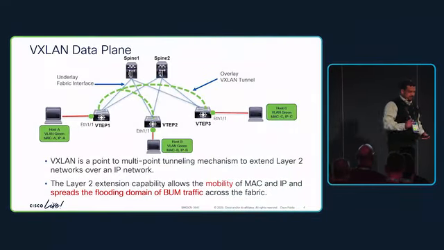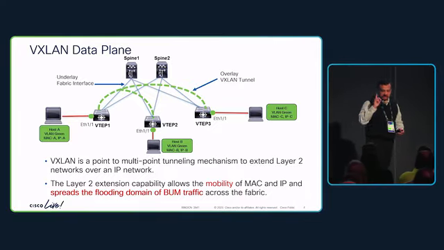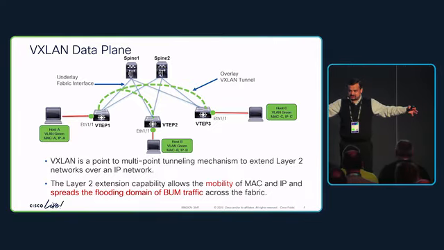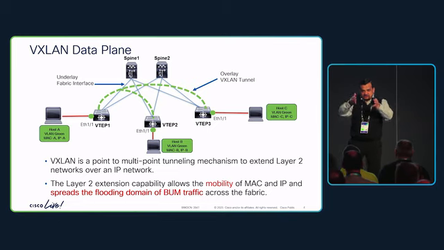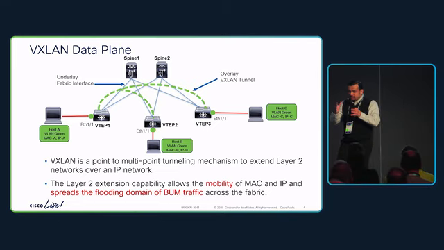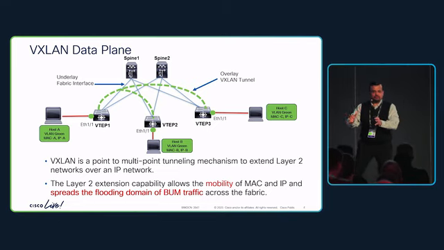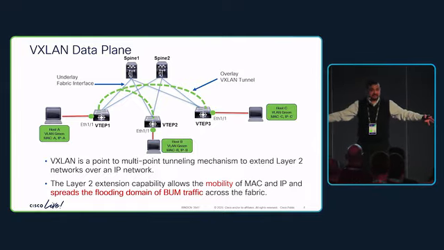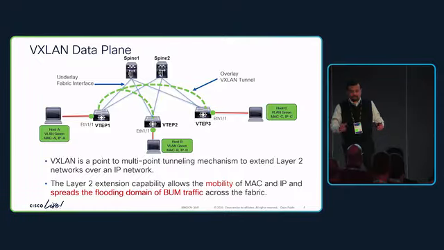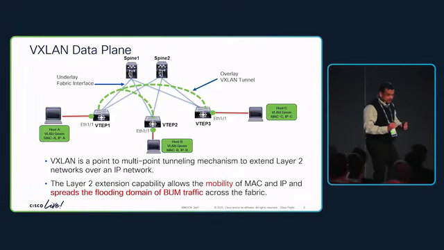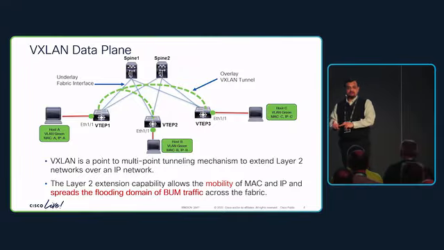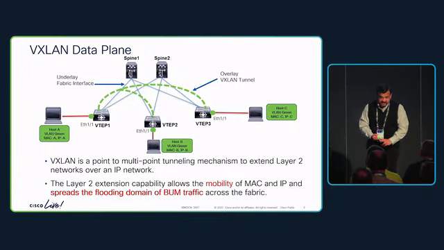One other aspect: we told you about host mobility. The other aspect is VXLAN allows you to have a scale-out architecture. What does that mean? As we keep adding switches, it's very flexible. Great. We can scale out whenever we need to add more hosts. We add another spine, we get more capacity for east-west traffic. But as you add more switches, you add more state, right? Configuration state, policy state, network state.